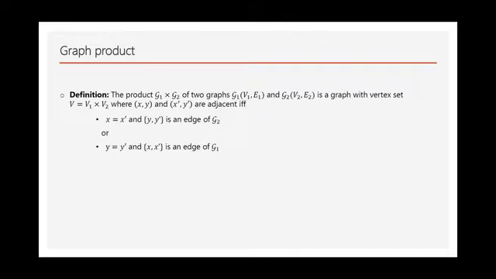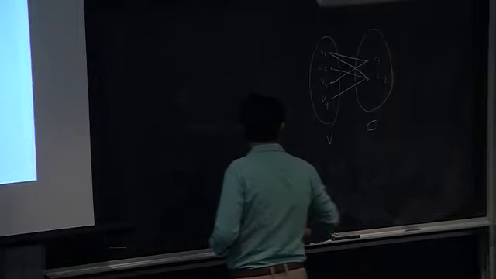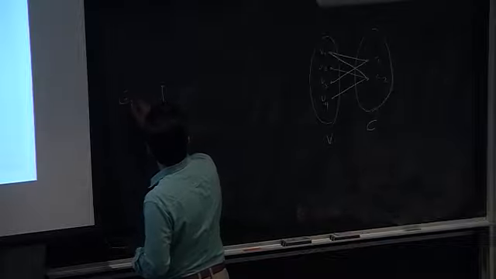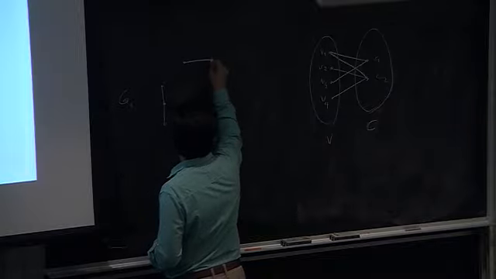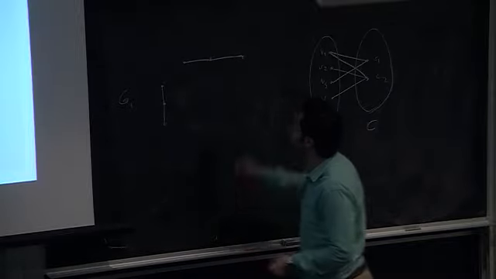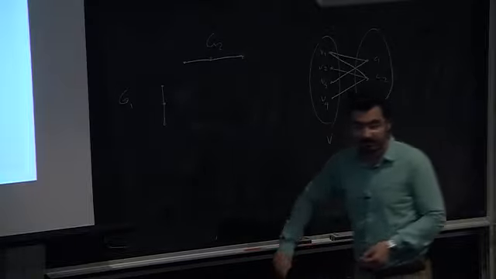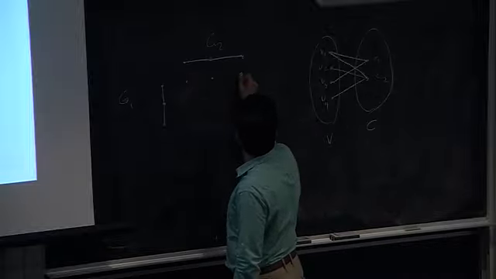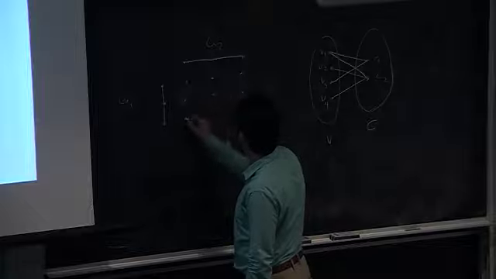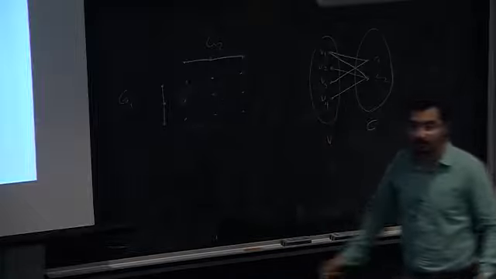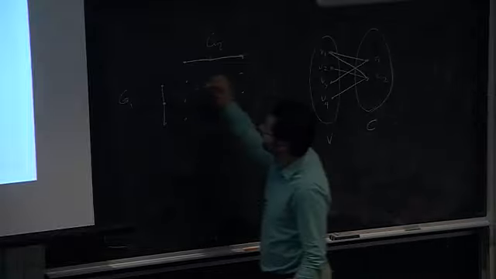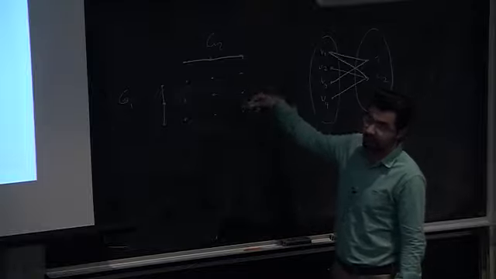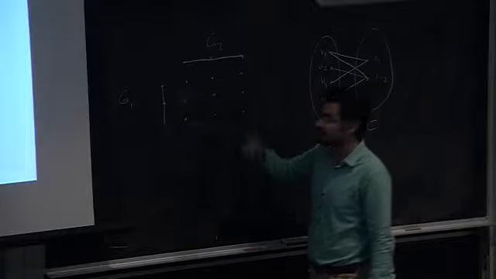So let me give you an example of that. Suppose that G1 is a path of length 3, and similarly G2 is a path of length 3. Then corresponding to each pair, we have a vertex. So the vertices in each row have the same first coordinate. They're adjacent if and only if the corresponding nodes are adjacent in the graph G2.